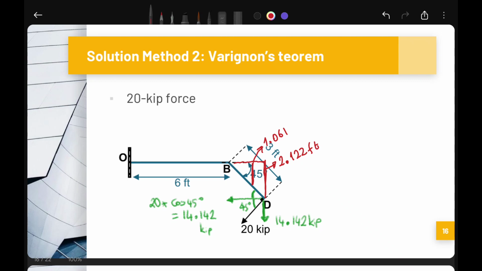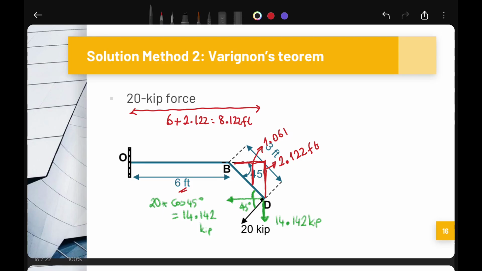Similarly, this length is also the same value. That's why in total the x component of the moment arm is equal to 6 plus 2.122. This is equal to 8.122 feet.